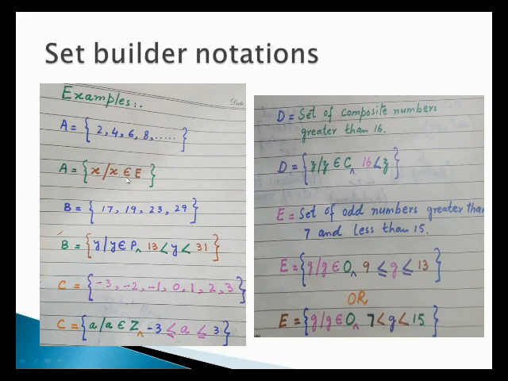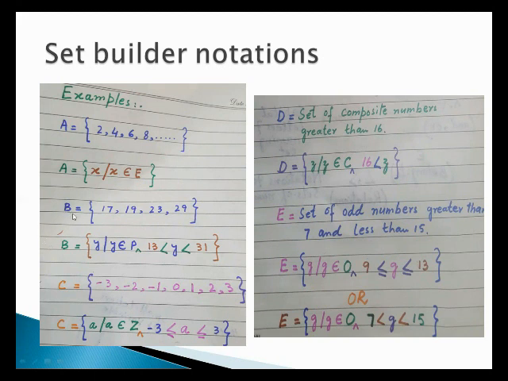Then we write belongs to, because now we are going to explain that these elements belong to what set. After our belongs to sign, we write the name of the set or the notation of the set. As they are all even numbers, that's why we write here E, capital E.